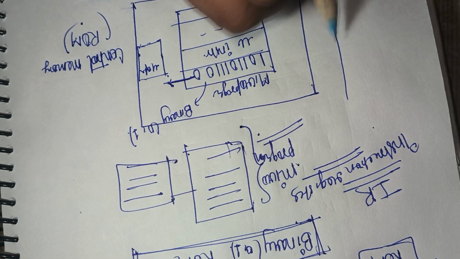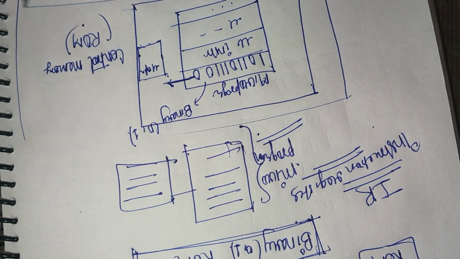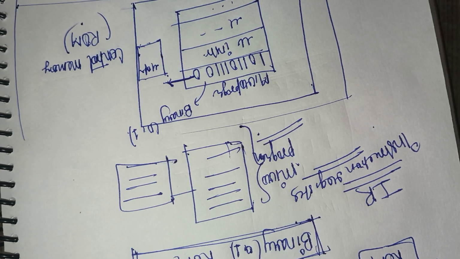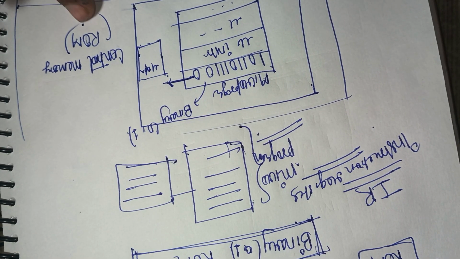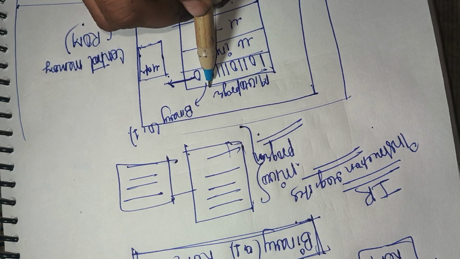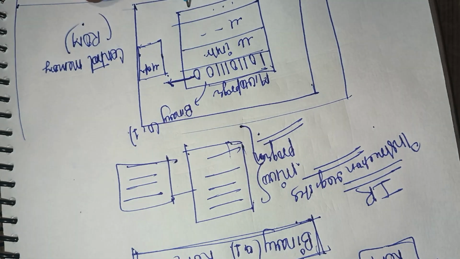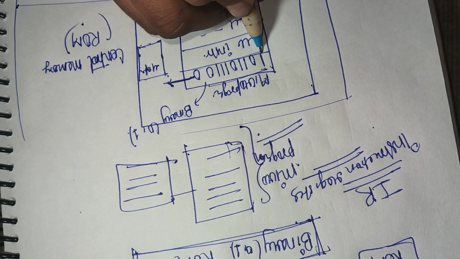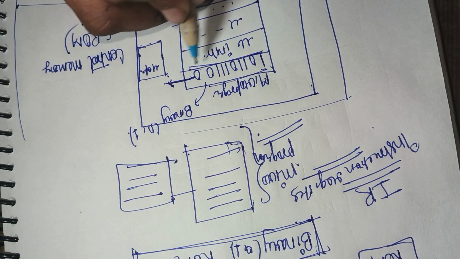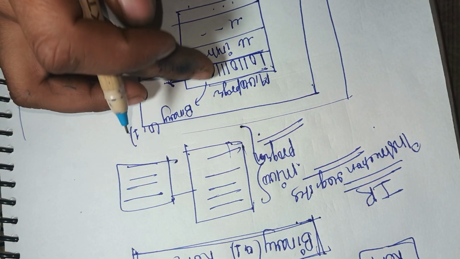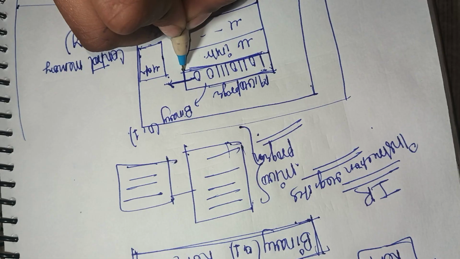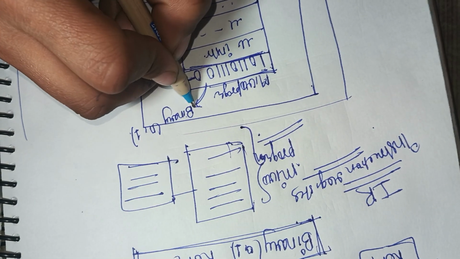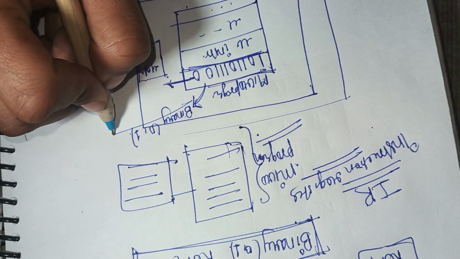Here's the overall structure of the microprogrammed control unit: the control memory, ROM, the microprogram, a collection of micro instructions, and each micro instruction consists of a control word which is only written in binary, that is 0 and 1.